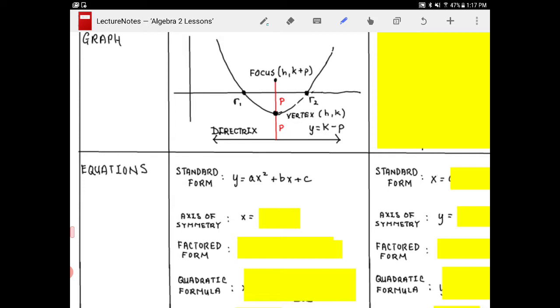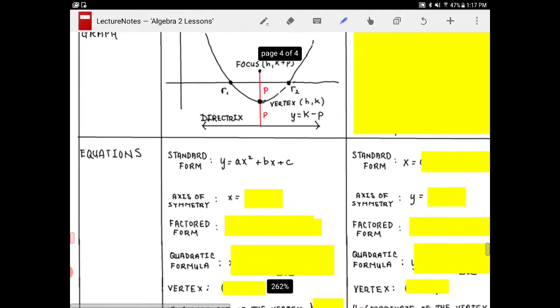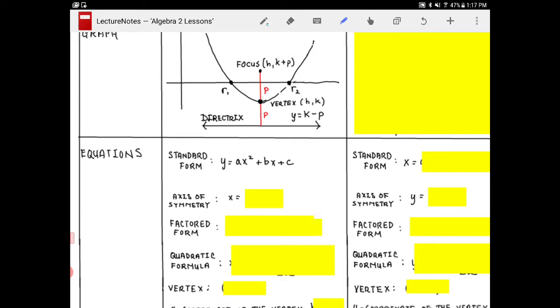And we've gone through exploring the different effects that a, the leading coefficient, has on the overall parabola, and the contributions that the other coefficient, b, as well as the last term c, have on the roots. With the standard form, we were able to develop a couple of formulas, and that is describing the axis of symmetry, which is x is equal to negative b over 2a.